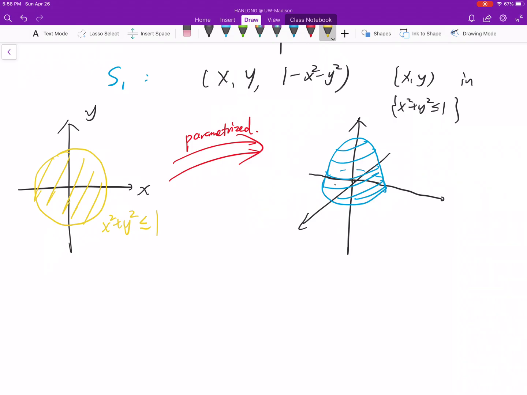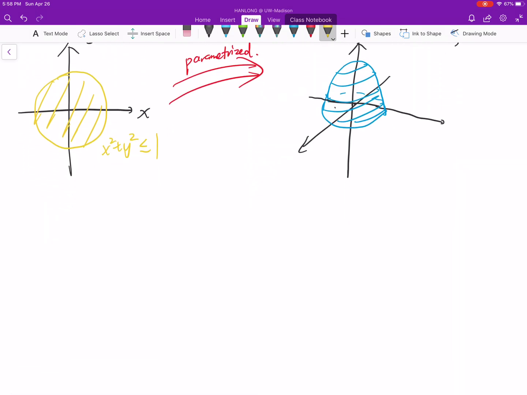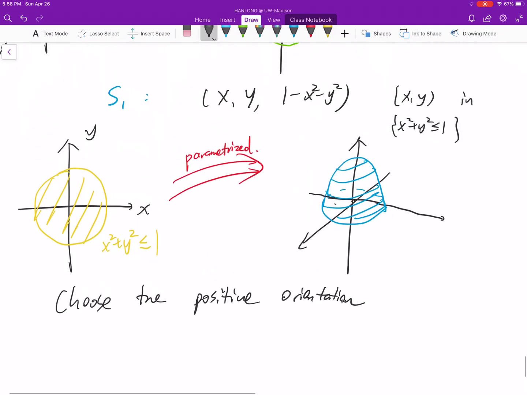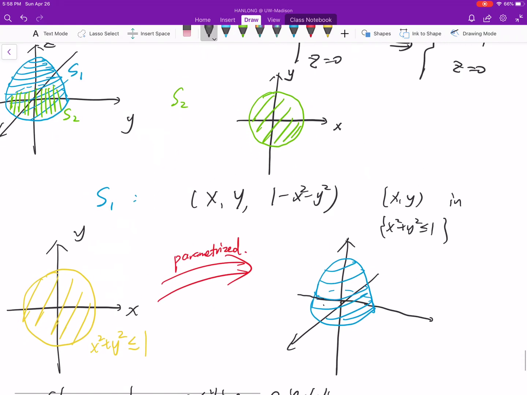Okay, next we choose orientation outwards as usual. Choose a positive orientation. And then for the green one, the orientation is downwards.